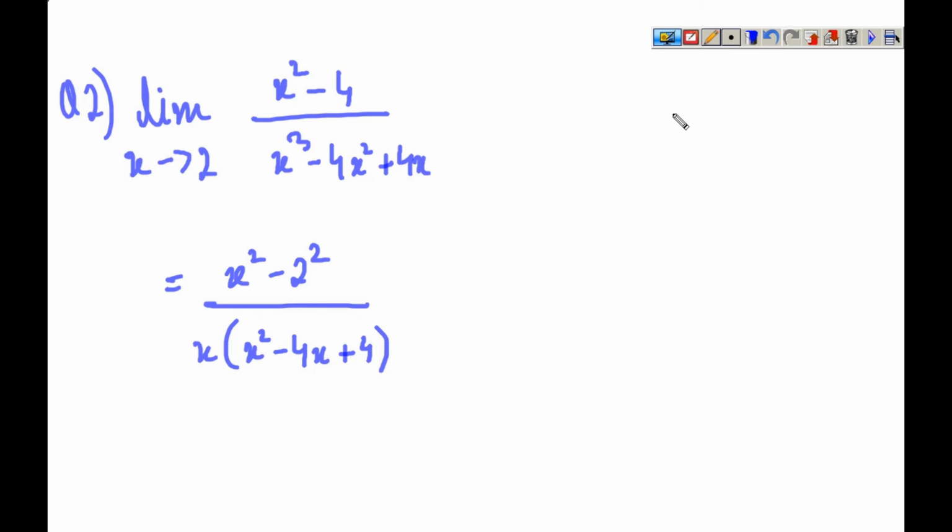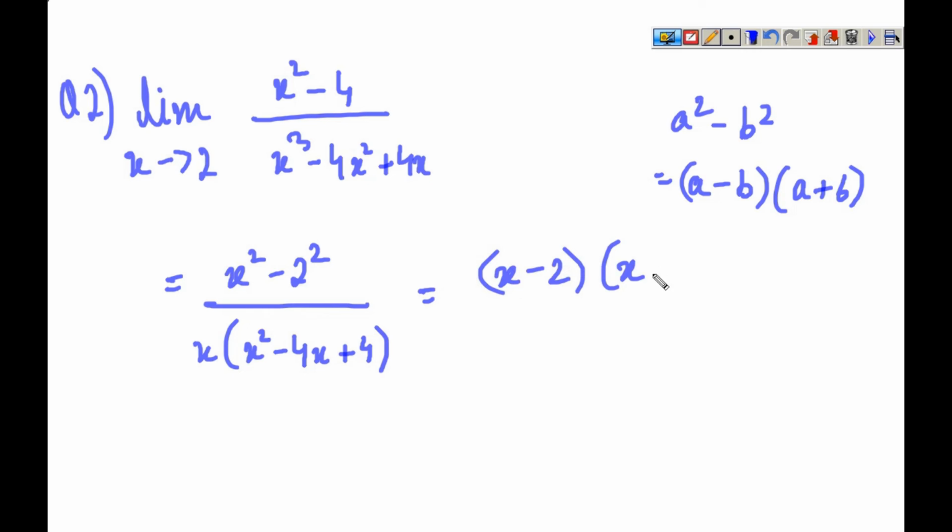right? From the given property from the previous question, we have a square minus b square equals a minus b times a plus b, right? So we can write this as x minus 2 in the numerator and x plus 2, and in the denominator we can expand.